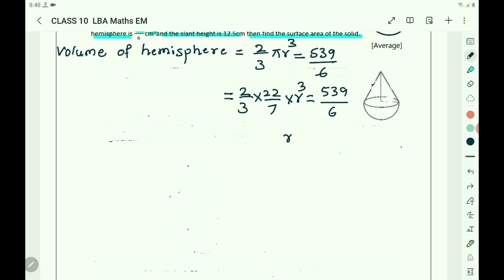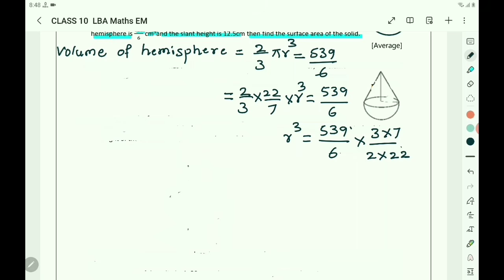So r cube equals 539 by 6 into this 3 and 7 comes to the numerator of the RHS. Write 3 into 7, and 2 into 22 comes to the denominator. Then try to cancel.